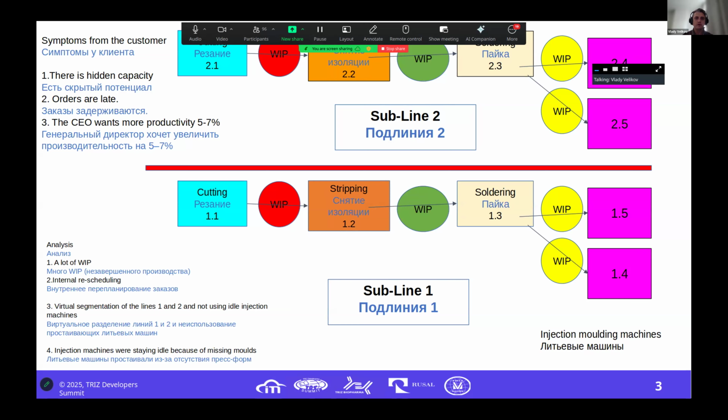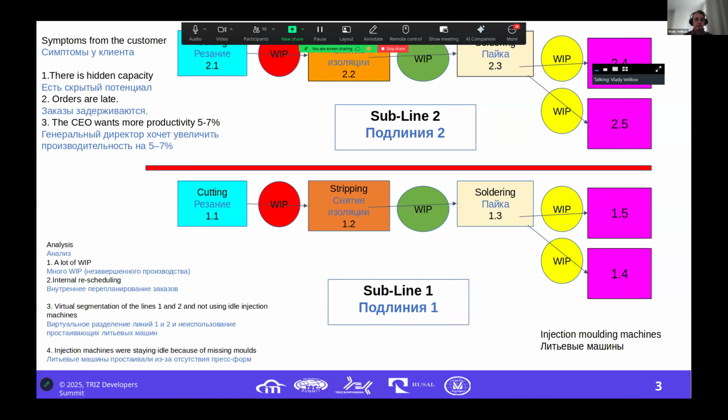So she's not following the order from the master plan. She takes the cable which she wants. And of course, she takes the small ones. Nobody wants to work with the big cables because they are heavy. So this rescheduling is also a symptom for me.